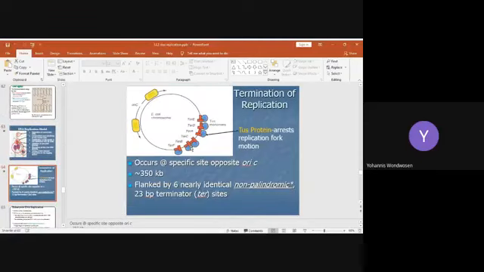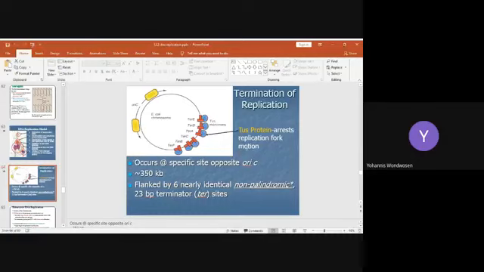We said that some microorganisms, like E. coli, have a circular DNA structure. So they have various types of proteins to undergo different processes. For example, they have the Tus protein that arrests replication fork motion.